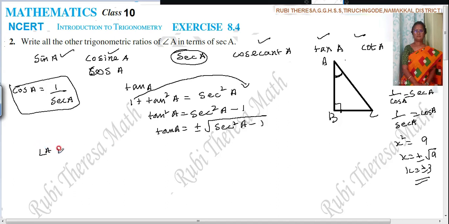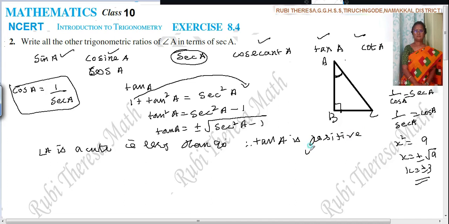Angle A is acute, that is less than 90 degrees. Tan A is positive. Therefore, tan A is positive. When the angle is acute, then tan A is positive.